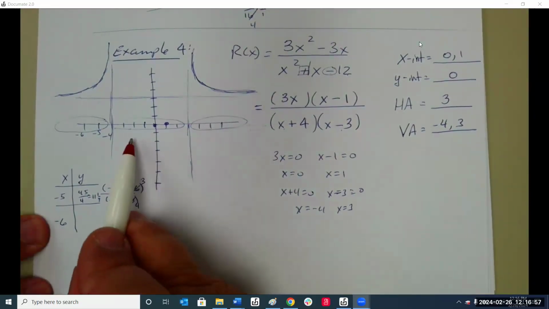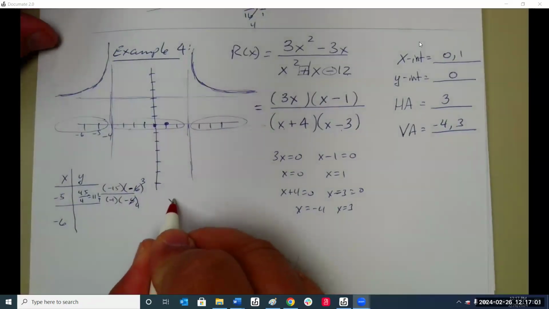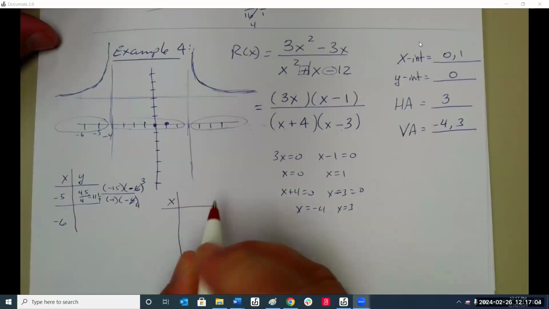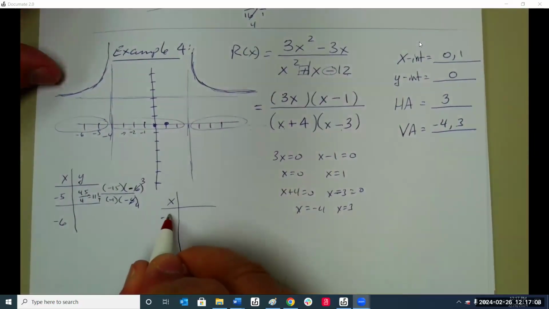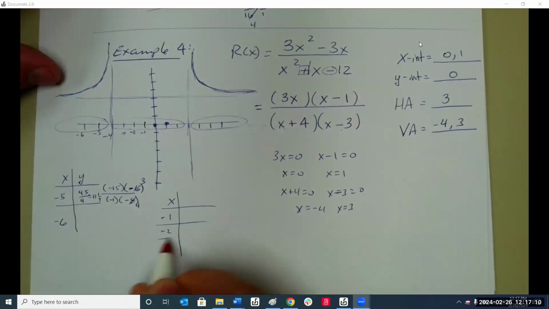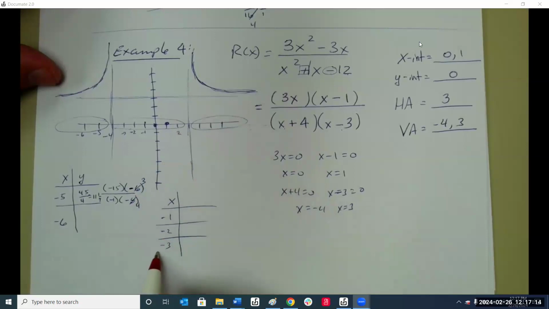So the only question I have now is in between here. Yeah, -1, -2. I might as well look at each one of those, and also at 2.